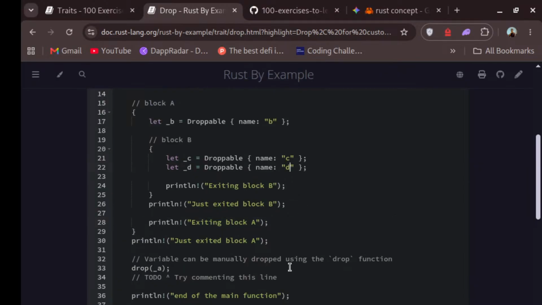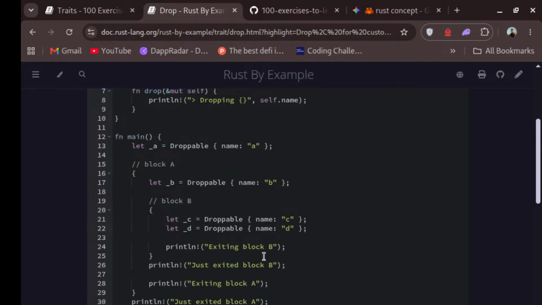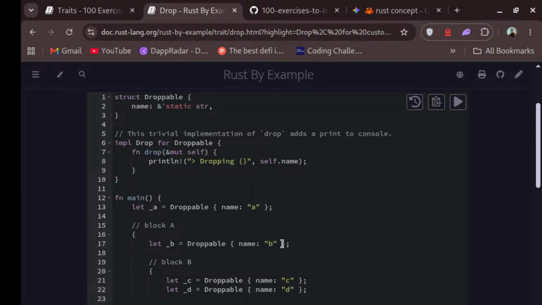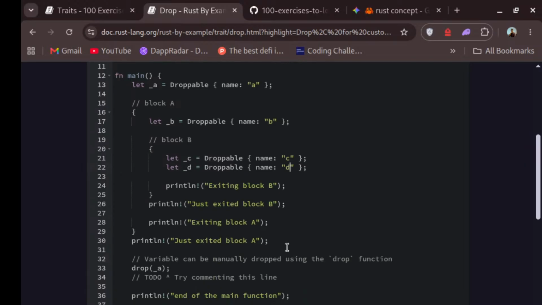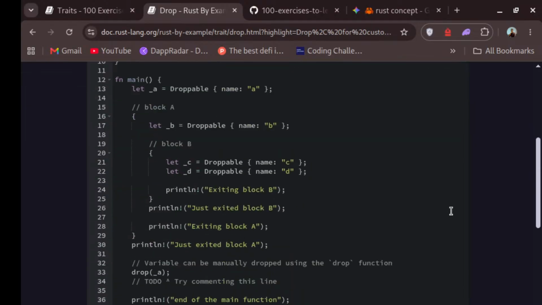If we don't use drop, what can be done? Okay, drop A. I have a question on this. If we don't use drop, what will happen? Without the Drop implementation, what will happen?